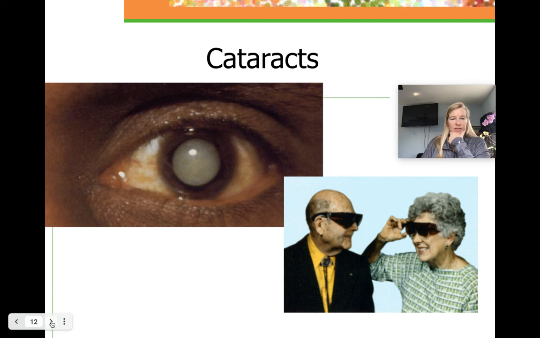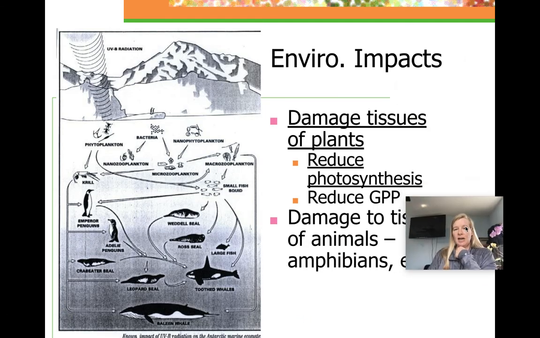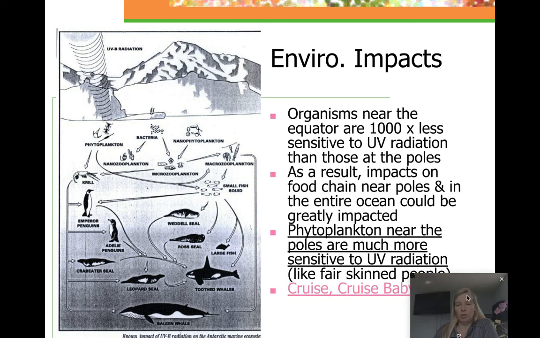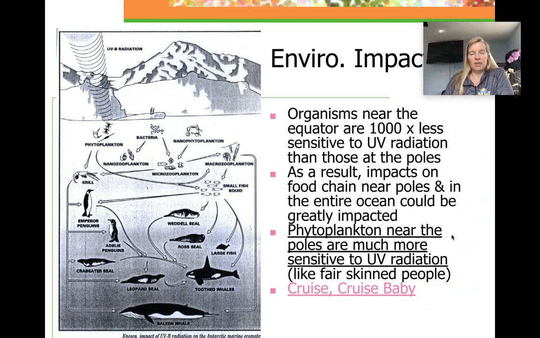Your environmental issues are going to be that plant tissues are more sensitive, like our eyes. It's going to damage plant tissues, and that could reduce photosynthesis. We're seeing thinning of the ozone layer the worst in polar regions, and we'll talk about why in a little bit. Phytoplankton near the poles are much more sensitive to UV radiation.